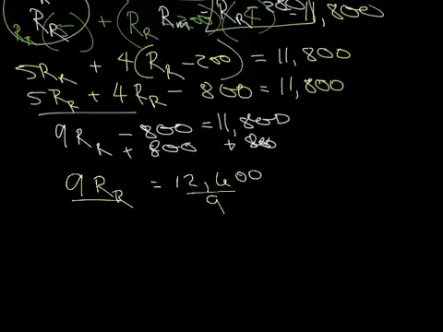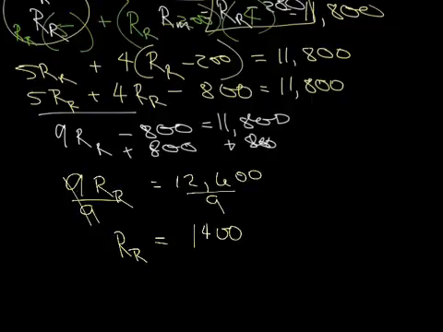Divide by 9, divide by 9, and of course I'm doing this different than the book is, but we end up with the same answer here. Rocket Man's rate is 1,400 kilometers per hour.